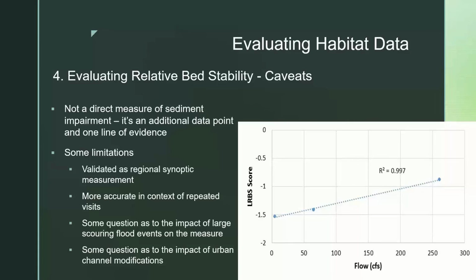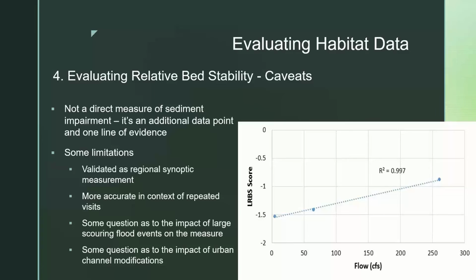I think there are also some questions in urban environments. I'm not sure it was well validated in urban environments, and there are so many channel modifications within the urban landscape that, first of all, it's very difficult to tell sometimes what bankfull depths are. So there's a lot of variability in what that bankfull measurement is within an urban environment. Because the hydrology is changing so quickly, that bankfull depth is actually a moving target.